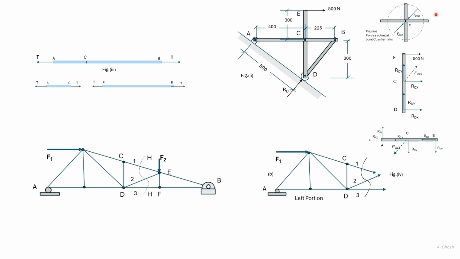The force due to the bar ECD is given here as FECD, and the force due to the bar ACP is given here as FACP. Since the pin at C is in equilibrium, these two forces are equal and opposite to each other. However, we solve frames using the equilibrium of the members. So we'll look at the forces that are exerted on the members.